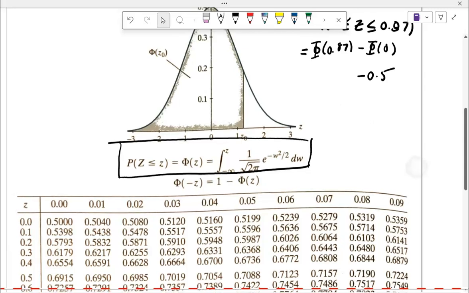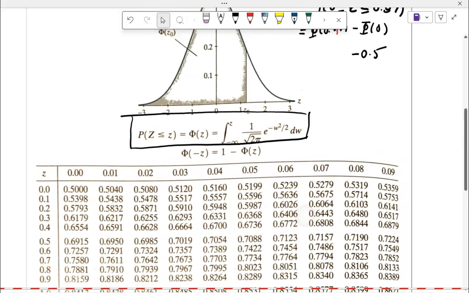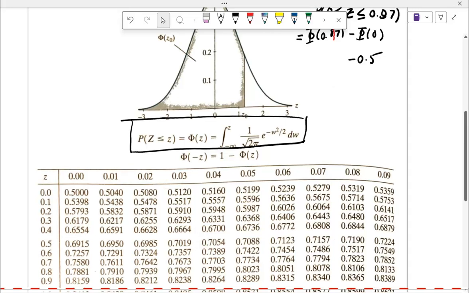So let's talk about how we read the table. If you've already seen this, you know how to read the table already. I want 0.87. So notice what we do is basically we break it into two pieces: the whole number and the first decimal place, and then the second decimal place, okay? So notice down your first column here, we've got whole number and first decimal place, right? And then across the top row, we've got second decimal place.